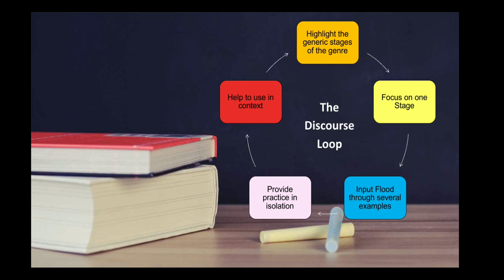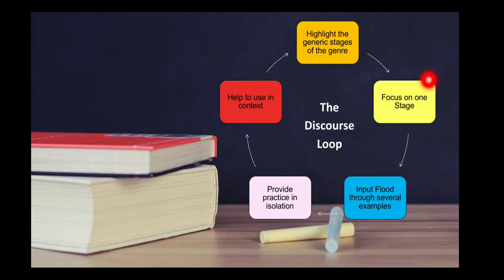The next is the discourse loop. Now in this loop, what do you do? You highlight the generic stages of the genre, and you can take any one stage and help the children master that stage. For example, story beginnings. So there can be different kinds of beginnings.